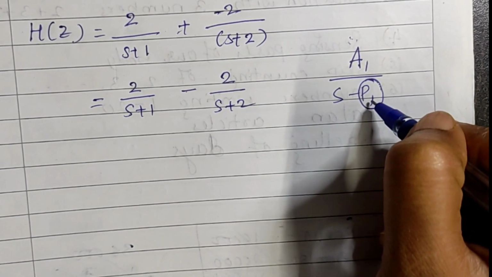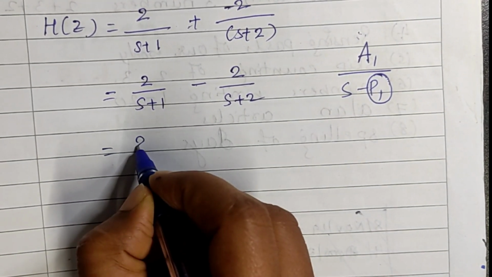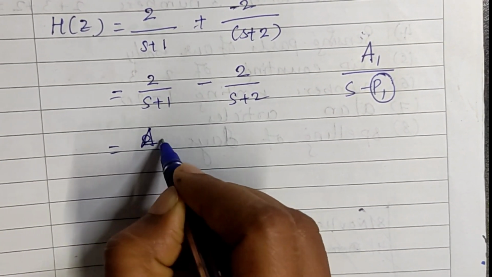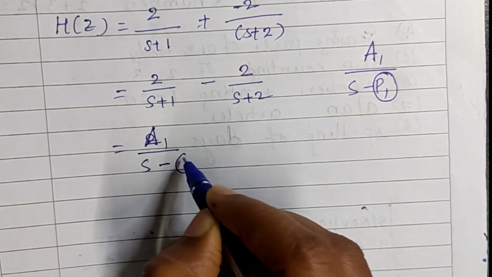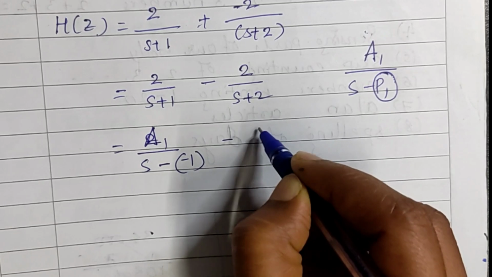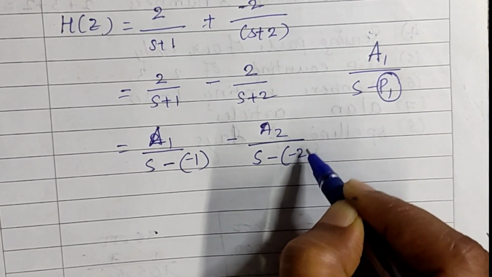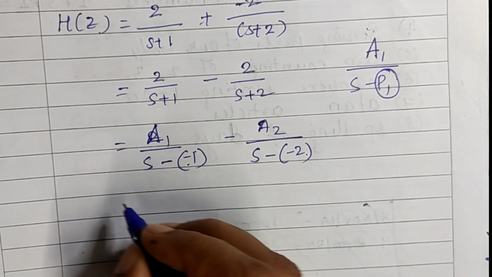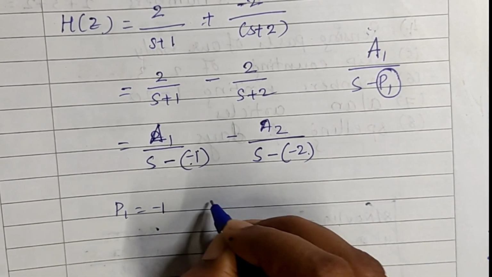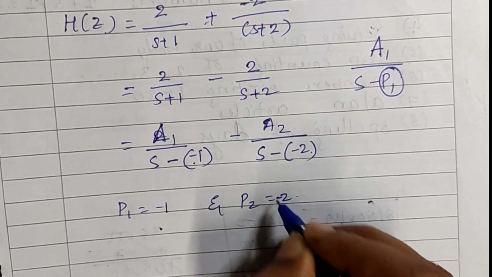So A1 divided by (s minus of minus 1), and minus A2 divided by (s minus of minus 2). Minus 1 and minus 2 are our two poles: P1 is equal to minus 1 and P2 is equal to minus 2.